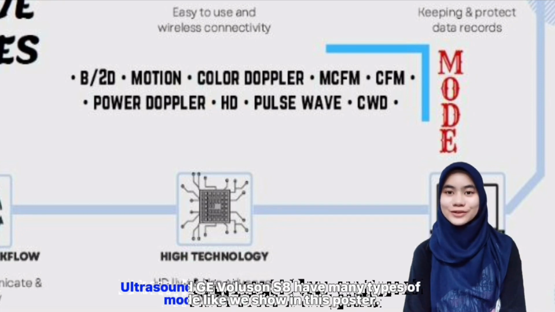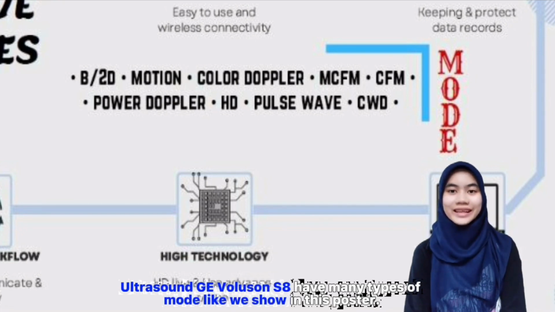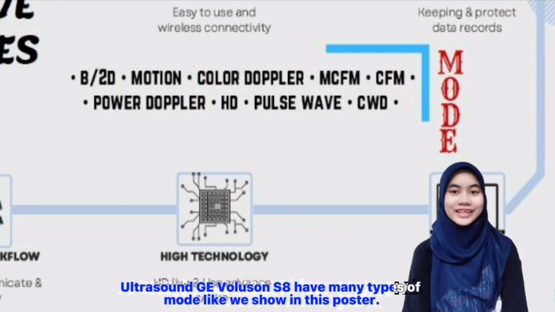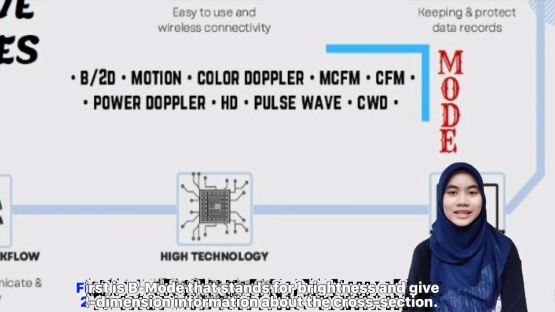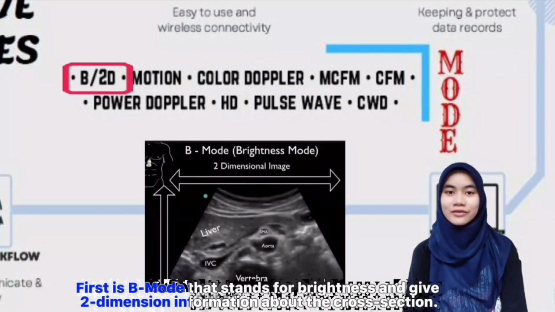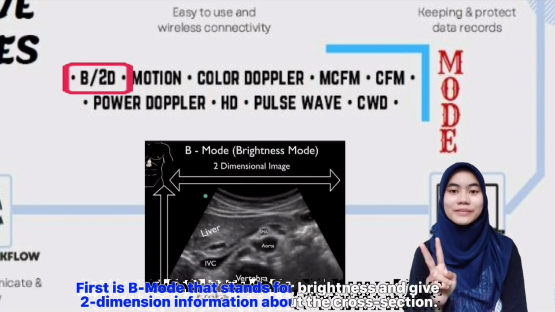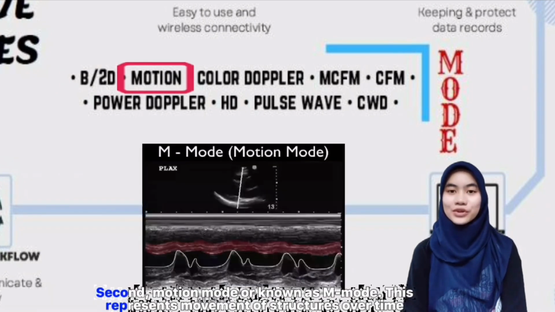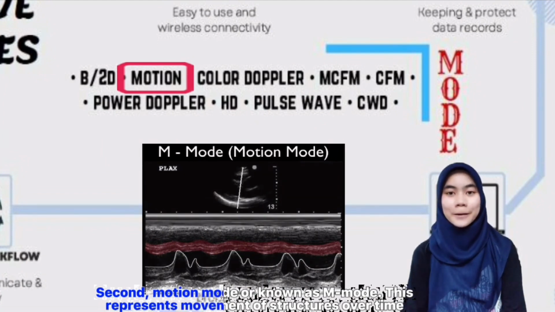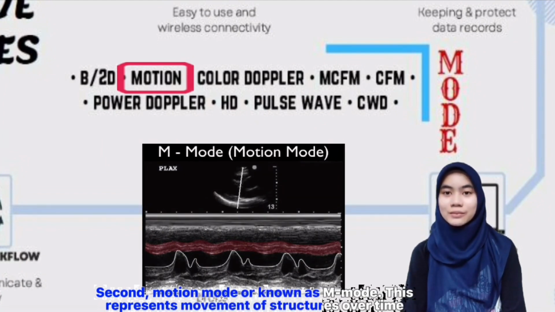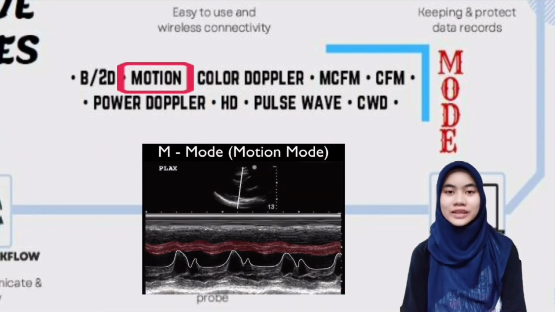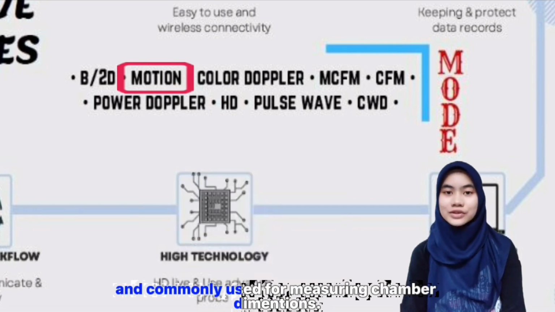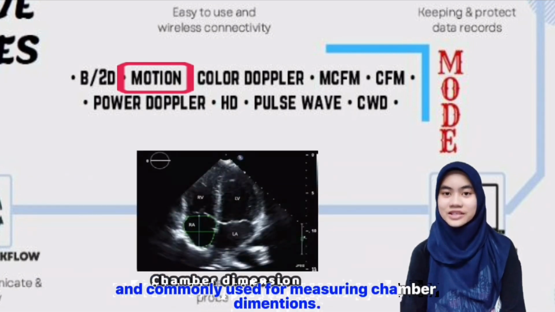The ultrasound GE VOLUSON S8 has many types of modes, like we show in this poster. First is B mode, which stands for brightness and gives two-dimensional information about the cross-section. Second, motion mode, also known as M mode. This represents movement of structure over time and is commonly used for measuring chamber dimension.